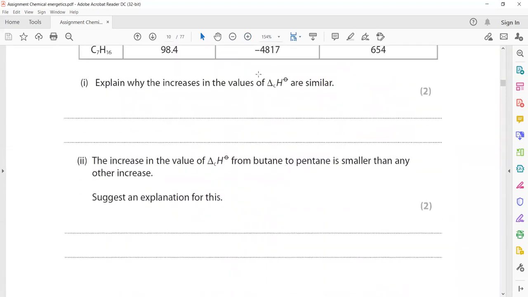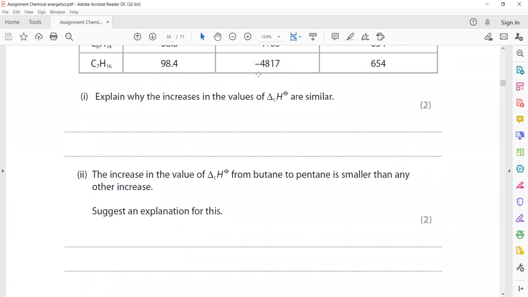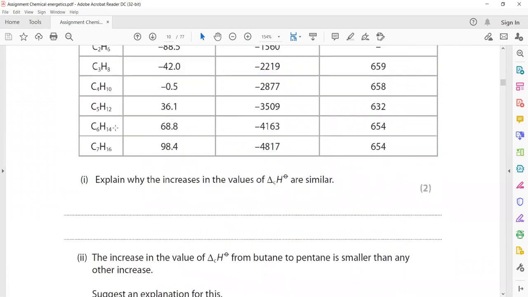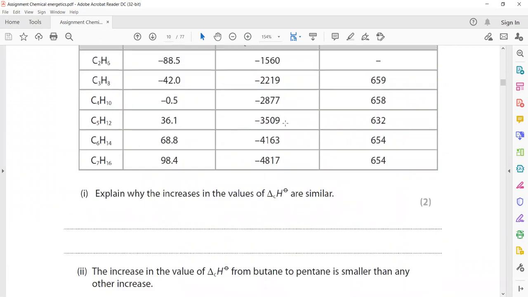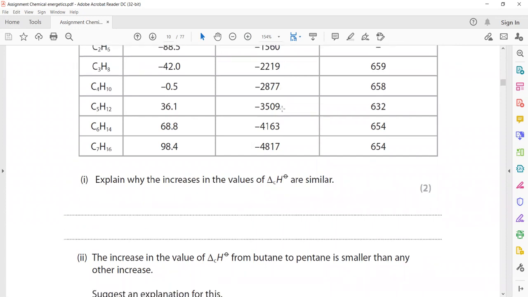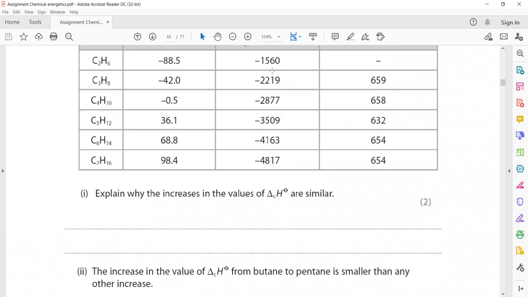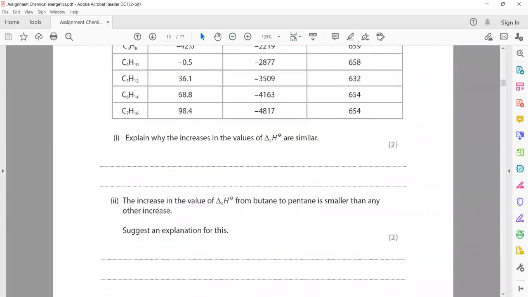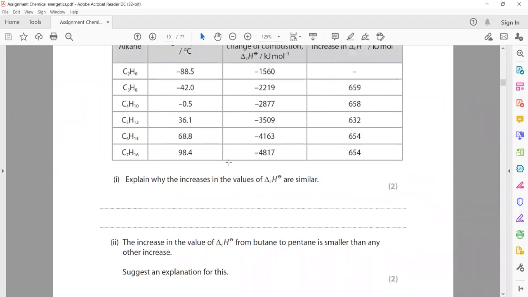The increase in the value of enthalpy change of combustion for butane to pentane is smaller than any other increase. When we check butane to pentane, it is relatively smaller. What could be the reason? Normally the first four members are in a gaseous state.